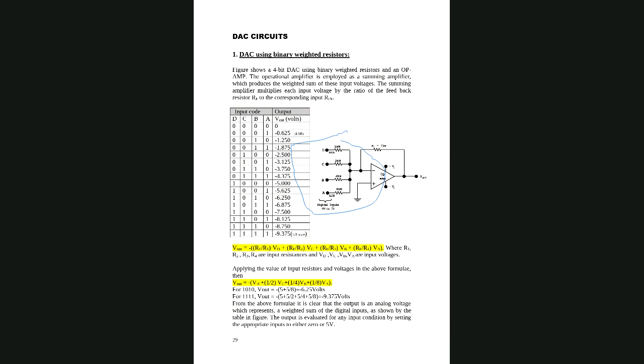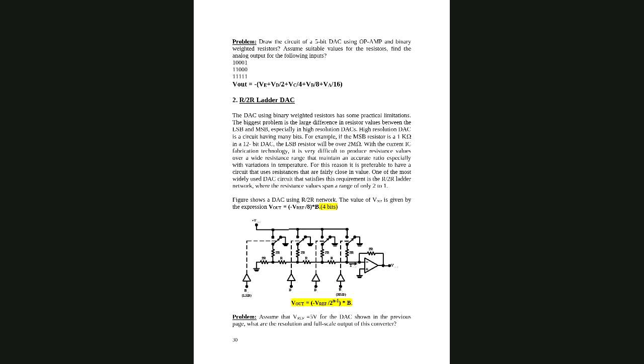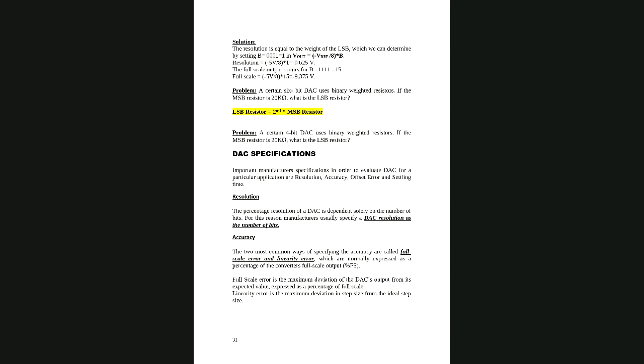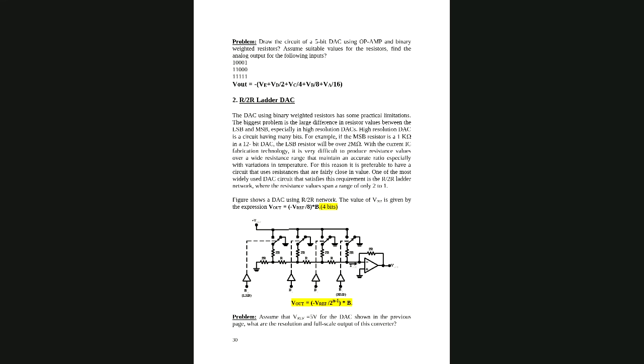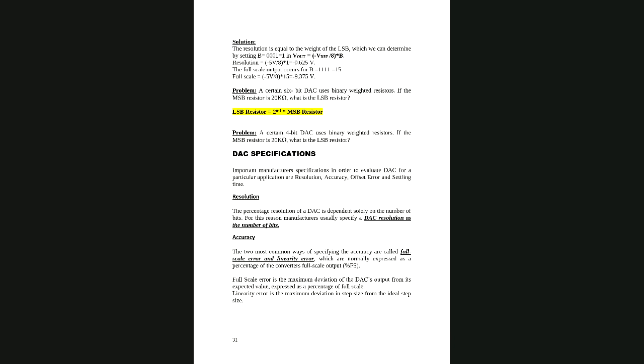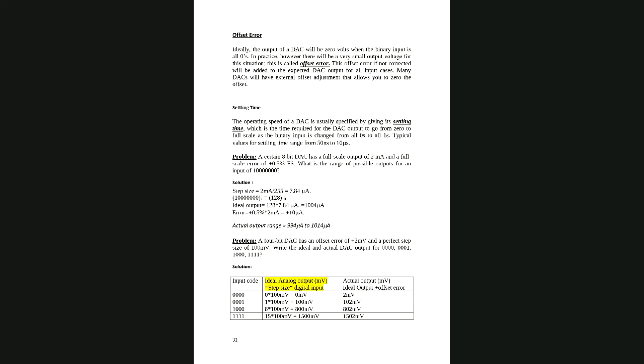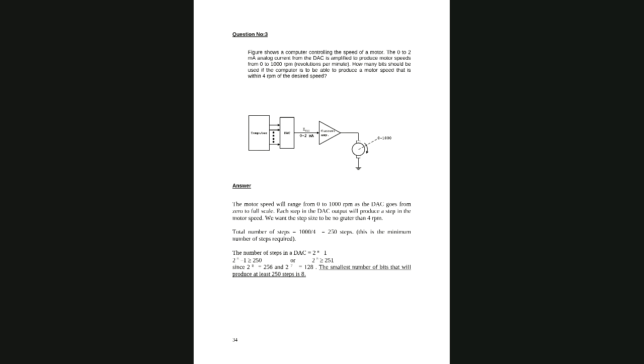So 2 to the power 4 minus 1, 2 to the power 3, which is 8. This is the reason we have this formula, 2 to the power n minus 1. Clear, everyone?